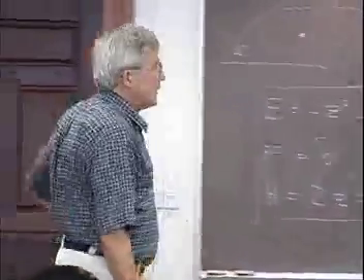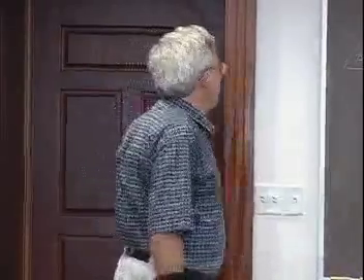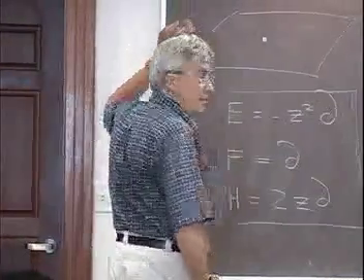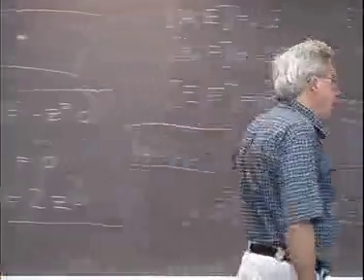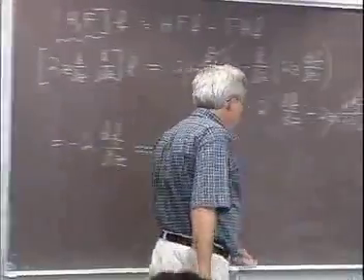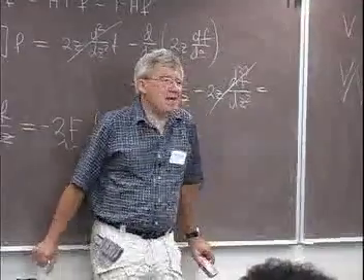So now I will erase this, and I will give you a simple analogy from algebraic geometry. But before that, let me clear up something. How many of you had any algebraic geometry?